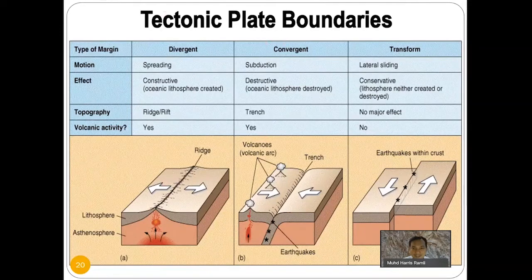And you have second one, converge. Okay, converge is a subduction. Subduction is the most common condition that we have around the Earth, and it is kind of a condition where you have a lot of geological activity that you need to consider, especially when we deal with any construction works.